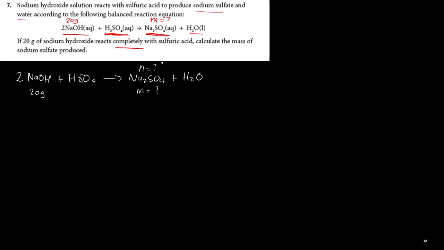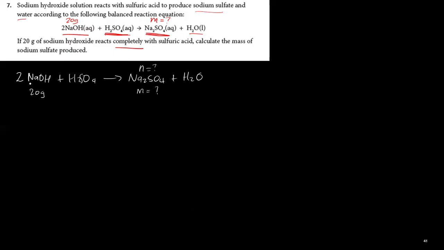This is the first step. But remember, I said I can use sodium hydroxide to calculate the number of moles of everything. So if I want to calculate the number of moles of sodium sulfate, let me first calculate the number of moles of sodium hydroxide so that I can use those moles to calculate this number of moles.